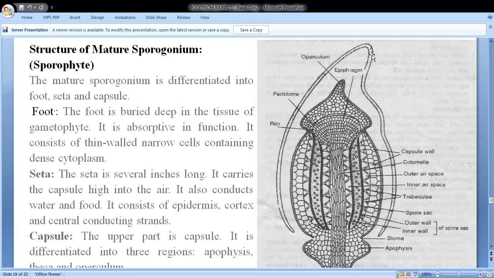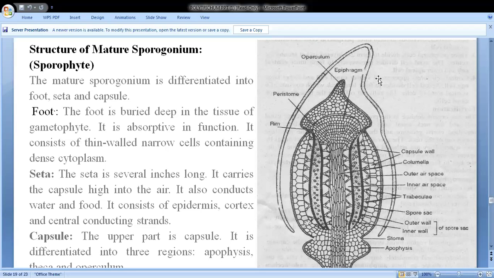When the capsule matures, the seta elongates and ruptures the calyptra layer, and it remains as a hood or cap-like structure present around the tip of the capsule. Once the capsule fully matures, this cap will fall off.